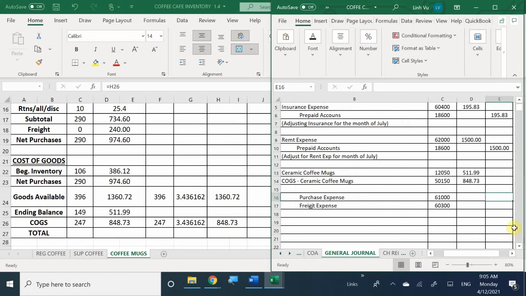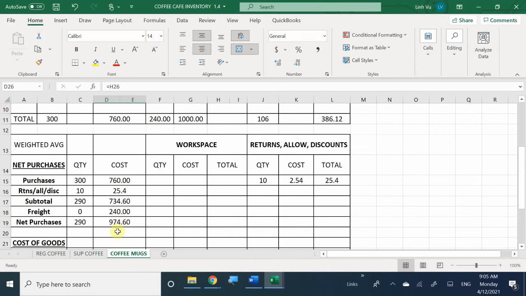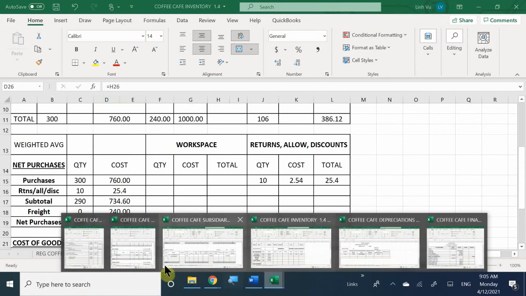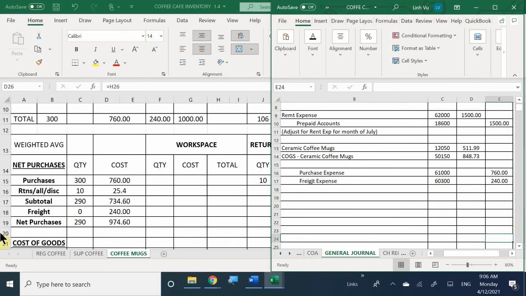All right. What was my total purchases? $760. Okay. And what was my total freight? $240. Okay.